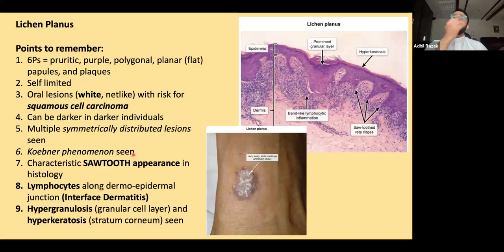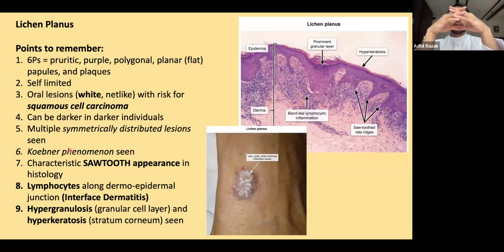The patient could have white net-like lesions near their gums or teeth, called leukoplakia, which could lead to squamous cell carcinoma. Patients with darker pigmentation can have darker presentations. These white markings are called Wickham striae.